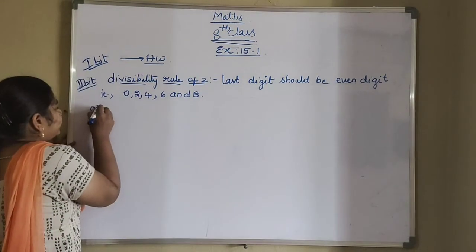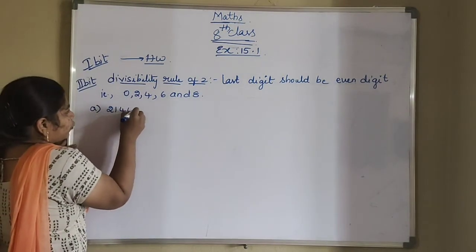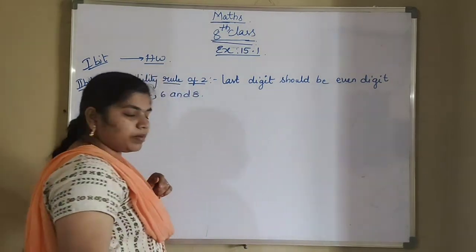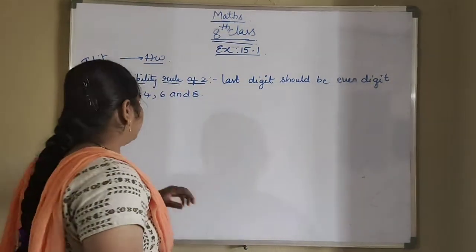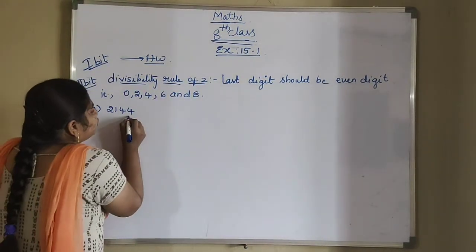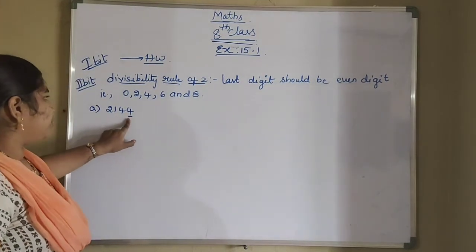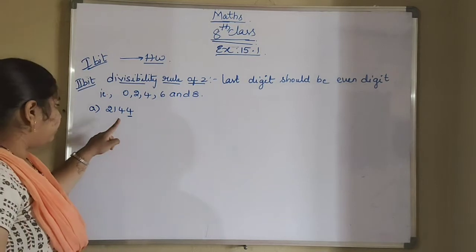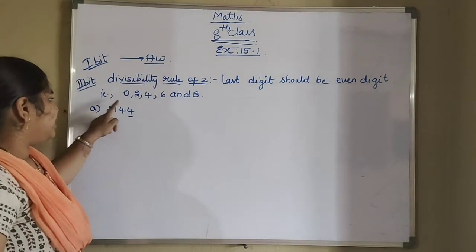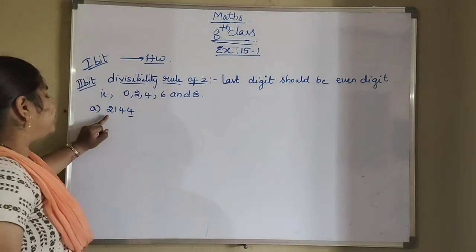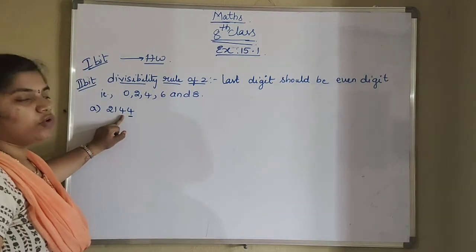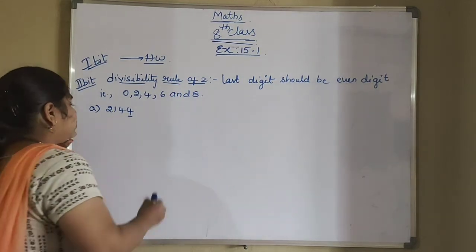In that A bit is 2144. So this number is divisible by 2 or not, we have to check. So how to check that? So we have to check the last number. So what is the last number here? 4. So 4 is an even digit. So if 4 is an even digit, we can say that the whole number 2144 is divisible by 2. So what we can write here?